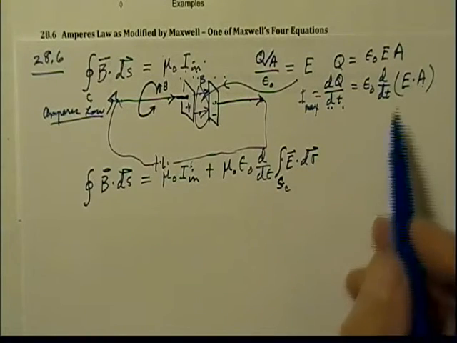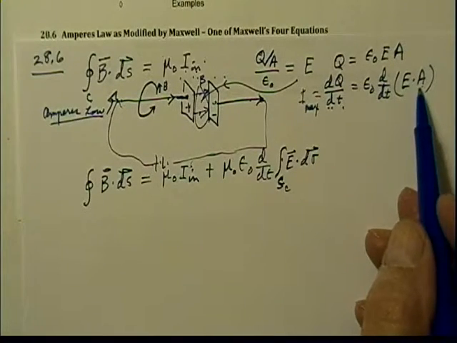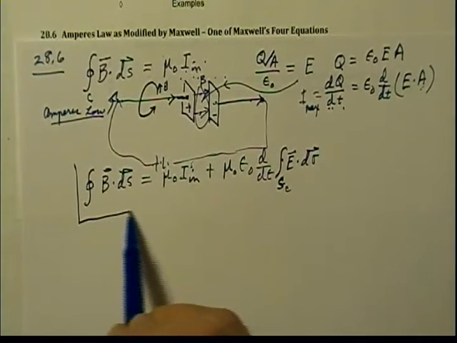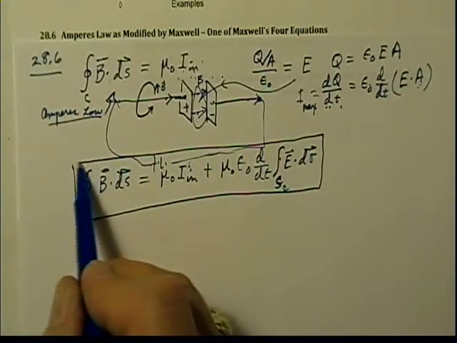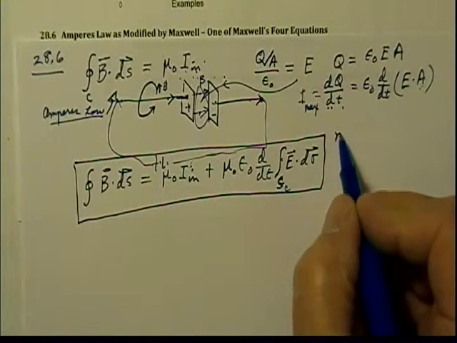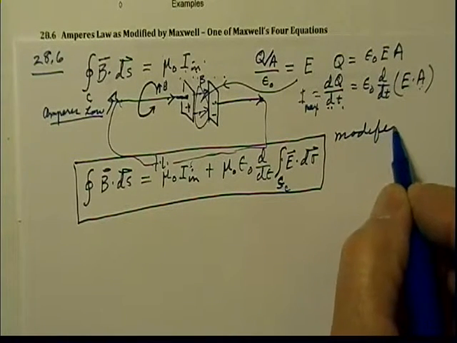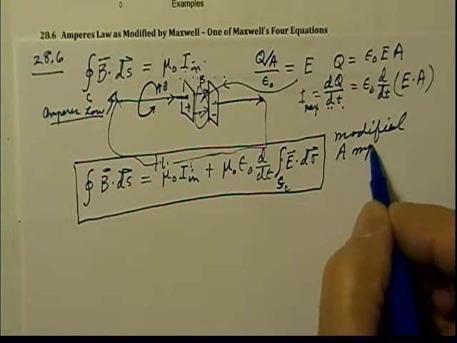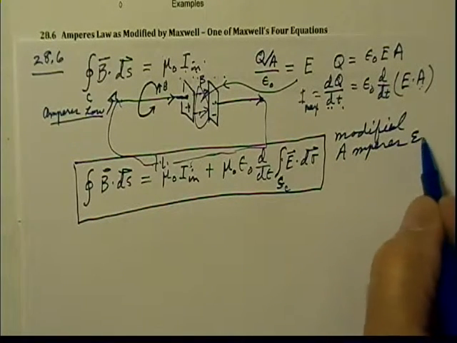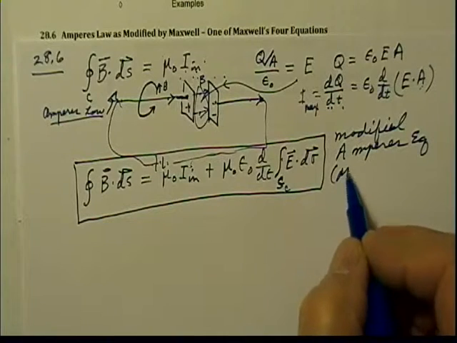E dot dA will give us E times the area, and this is what Maxwell proposed as the correct equation, the modified Ampere's equation due to Maxwell.